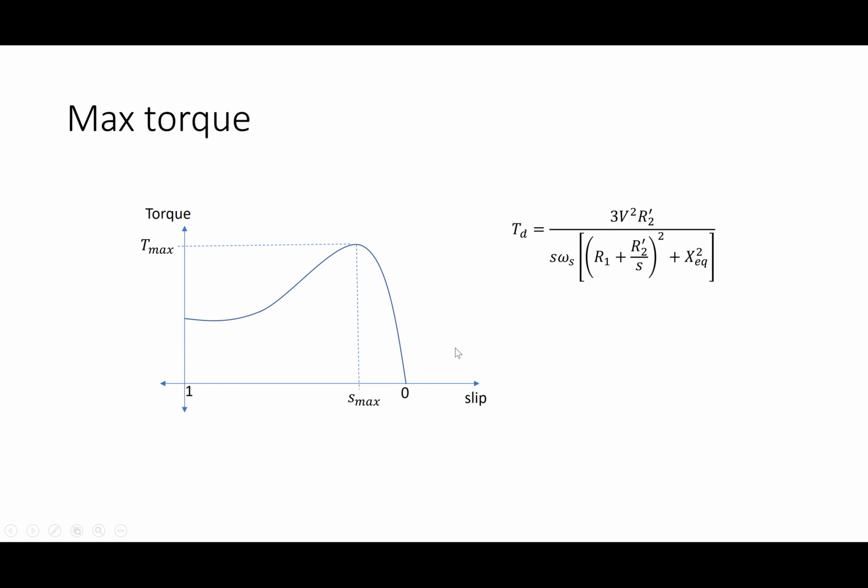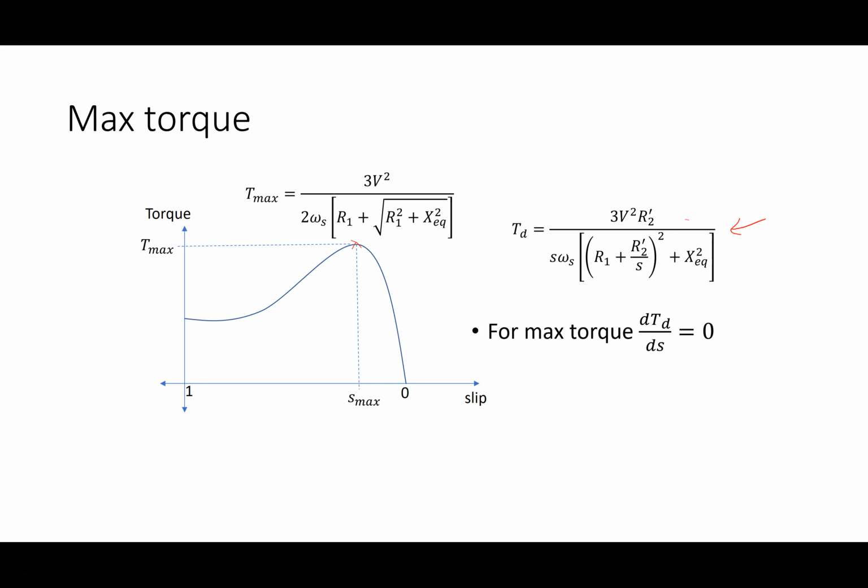Now, maximum torque. We have this curve. We need to find what this value here is. So as per usual, what we need to do is differentiate and find what that turning point is with respect to the slip. If we differentiate this equation with respect to slip, you could use your quotient rule, or your product rule if you take the denominator and bring it to the numerator with a -1 index.